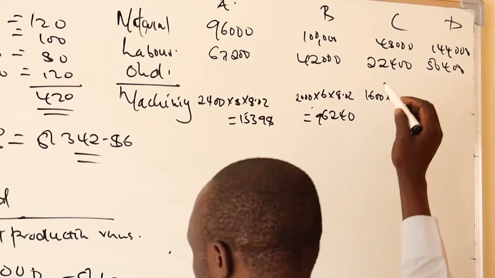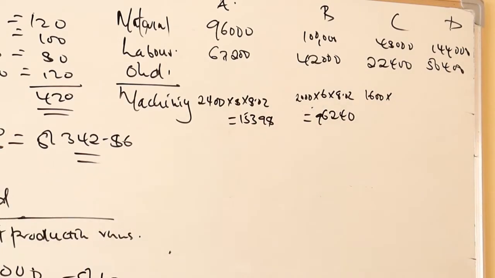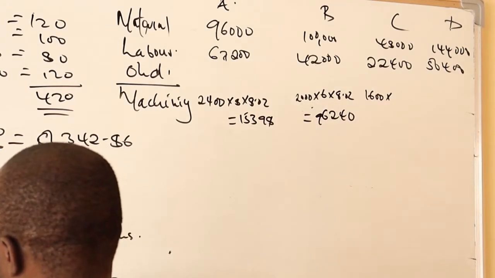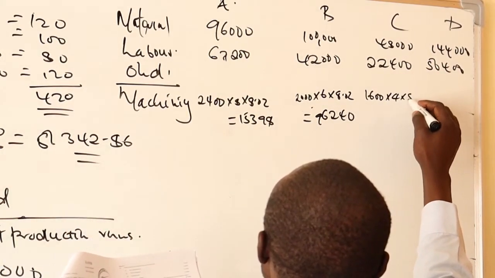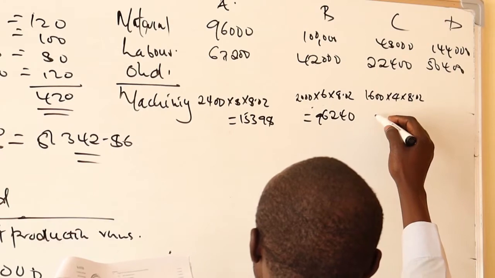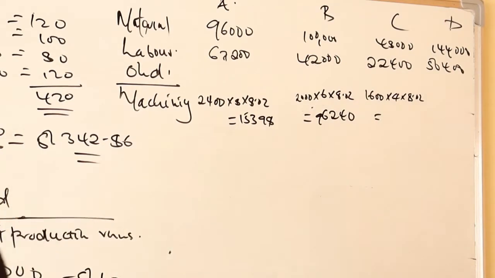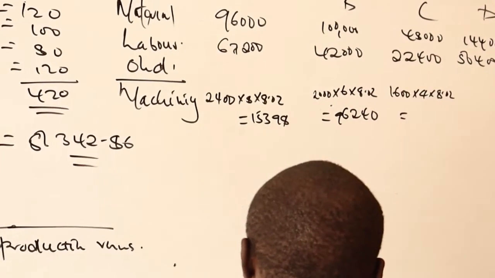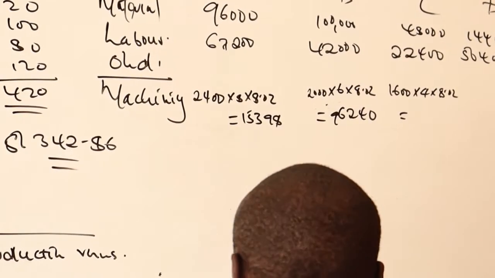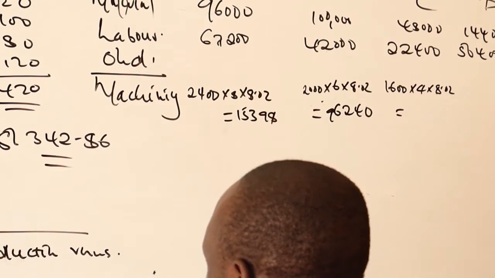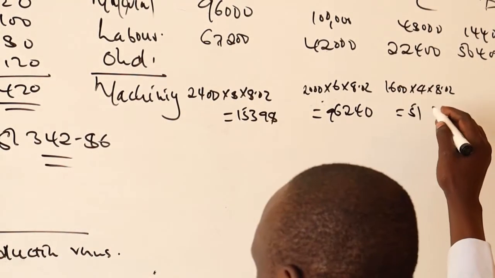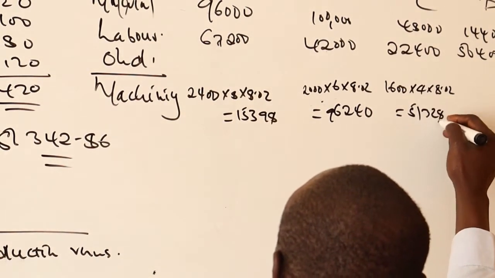You multiply 1,600 by 4 times 8.02, which is 51,328.